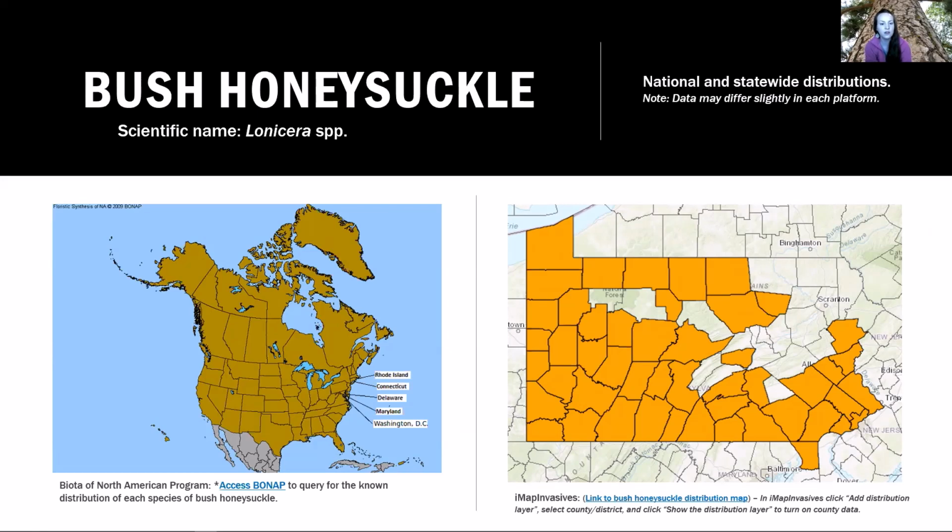But just looking at the data from iMapInvasives, bush honeysuckle is very widespread across the state. I did look at some of the maps from BONUP when putting this PowerPoint together, and some of those counties that are not highlighted orange in iMap do actually have instances of bush honeysuckle. So probably at this point, it's almost in every county in the state, unfortunately. So it is very widespread.